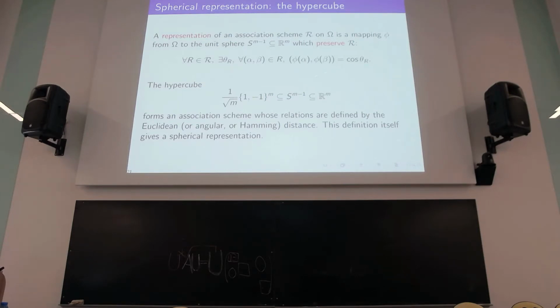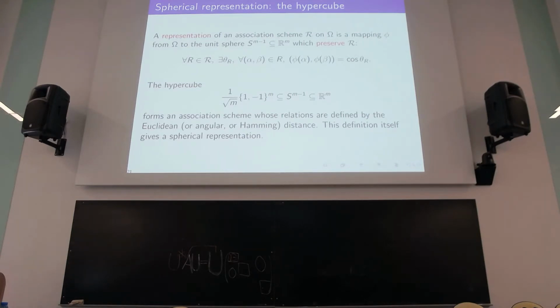And if you restrict the distance function of the sphere to this hypercube, you have several distances, in fact precisely m plus 1 values of distance from 0 to the largest. These different values of distance can be expressed in terms of Euclidean distance, or angular distance, or the Hamming distance. Hamming distance counts the number of coordinates which are different. That's the standard way to define the metric on the hypercube.